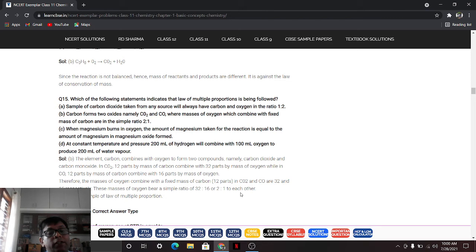In CO2, 12 parts by mass of carbon combine with 32 parts by mass of oxygen, while in carbon monoxide, 12 parts by mass of carbon combine with 16 parts by mass of oxygen. Therefore, the masses of oxygen combined with a fixed mass of carbon in CO2 and CO are 32 and 16 respectively. These masses of oxygen bear a simple ratio of 32:16 or 2:1 to each other. This is an example of the law of multiple proportions.